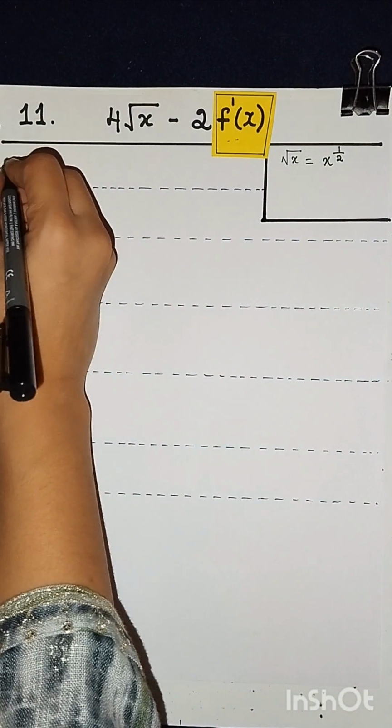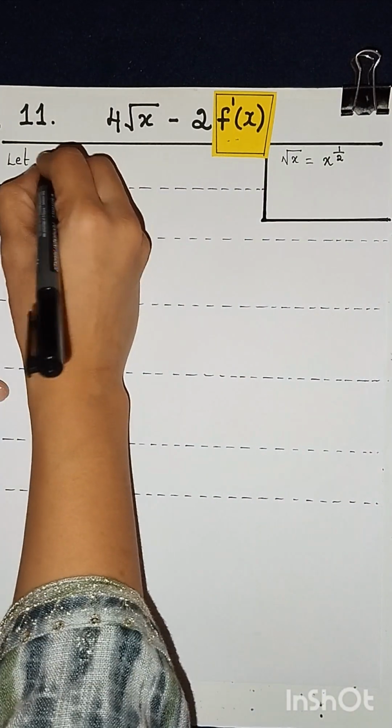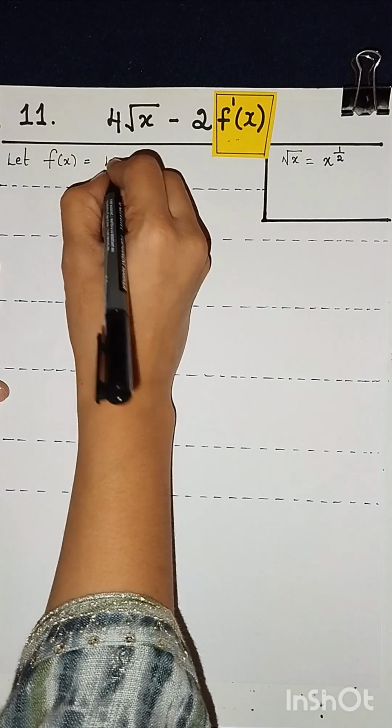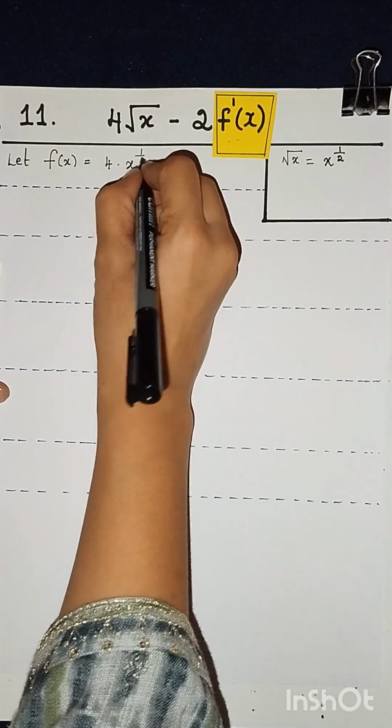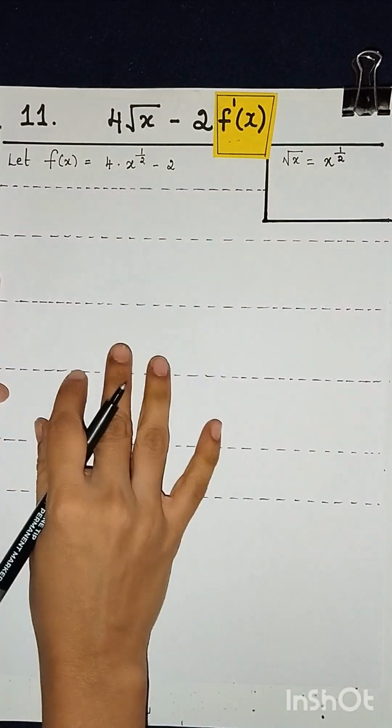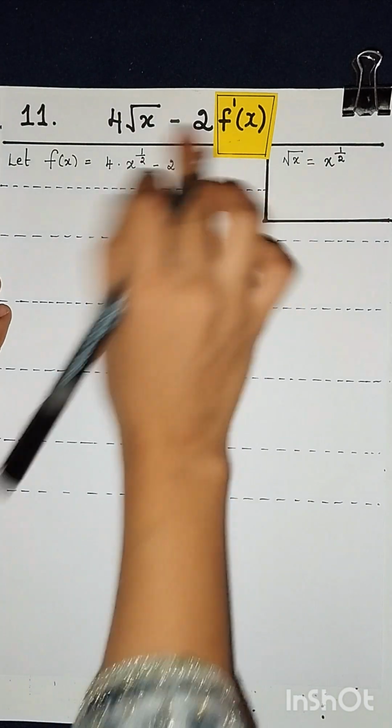Now let us write the function. Let us rewrite it. Let f of x is equal to 4 into x to the power 1 by 2 minus 2. Now we have to find f dash of x.